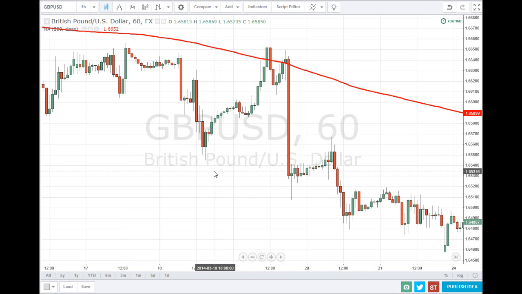Very nice. Now this moving average is going to act in two ways. It will show us the longer term bias. The moving average is currently down, so we're looking to take short positions. And it's also going to act as a dynamic support and resistance. And currently it's going to act as dynamic resistance as price is below the moving average.